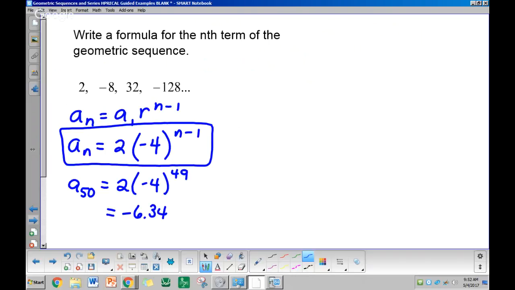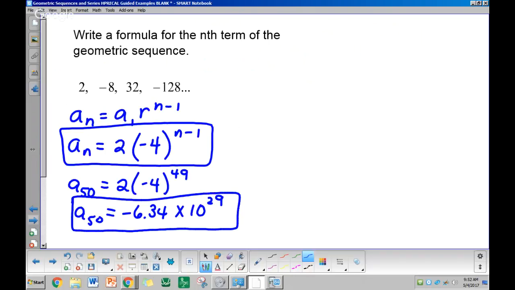That's big. So what does this a sub 50 physically represent? This is the 50th term in that sequence. It's huge.